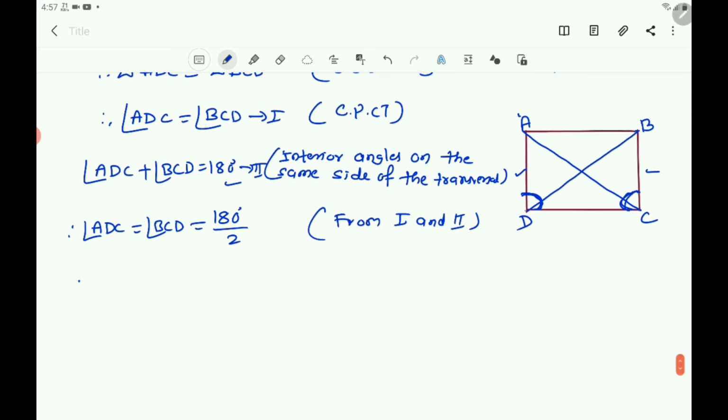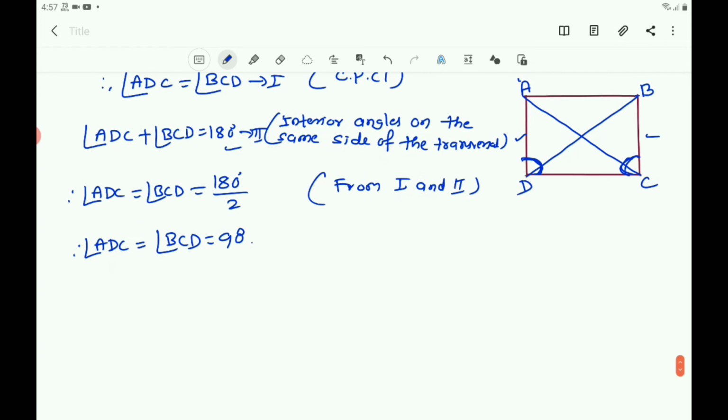So you can have therefore angle ADC equals angle BCD, both are equal to 90 degrees. So you can say that ABCD is a parallelogram and one angle is 90 degrees. Therefore ABCD is a rectangle. Here ABCD is a parallelogram and one angle is 90 degrees, means naturally all the angles become 90 degrees.